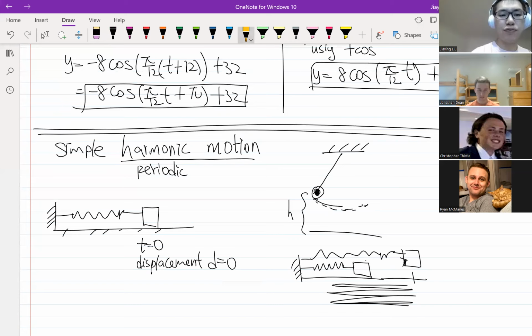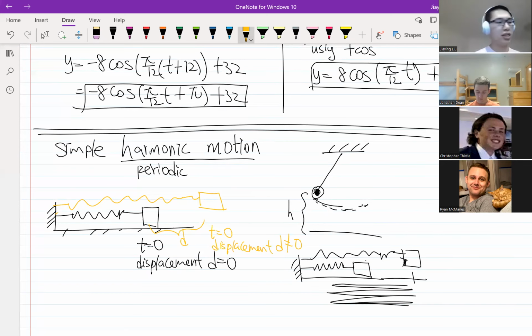So if we didn't start from this equilibrium state, suppose we stretch it. In the stretched mode at t equals 0, the displacement is going to be the distance from the rest position to whatever we stretch it to. So that's the displacement. D is not equal to 0 when it's stretched. When it's compressed, it's the same.